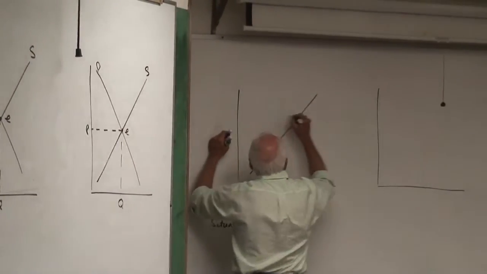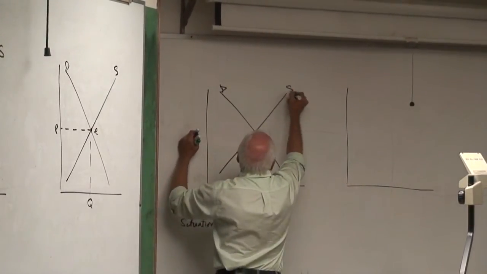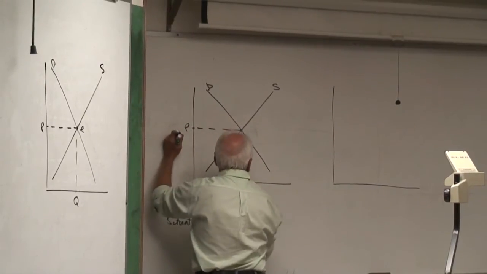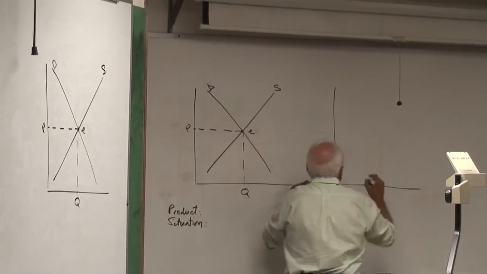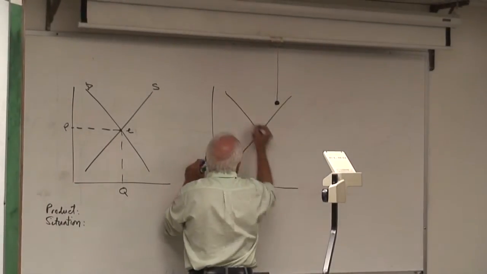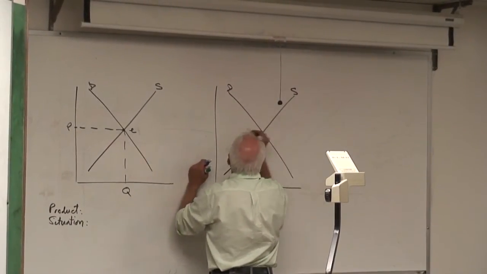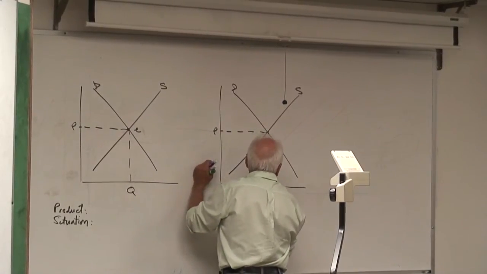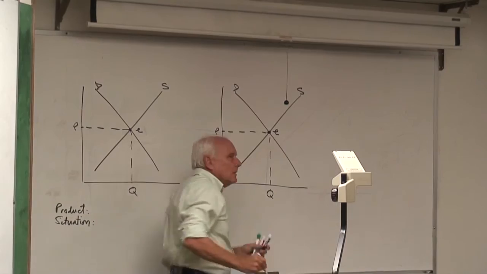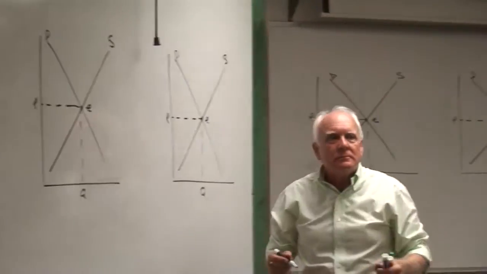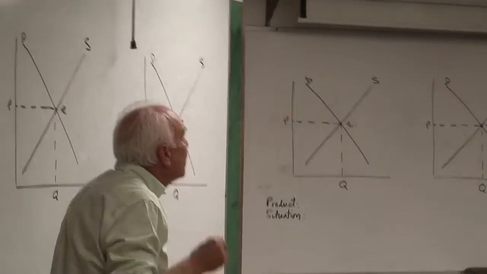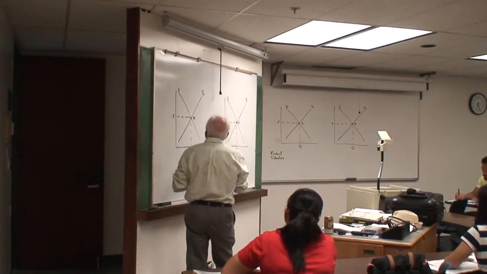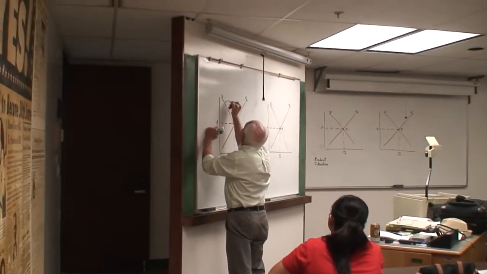And here too, demand, supply, price, quantity, equilibrium. And number 4. Demand, supply, price, quantity, equilibrium. Now, there's only 4 things that can throw a market out of equilibrium. 1, the demand could increase.